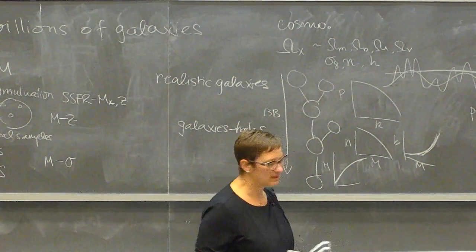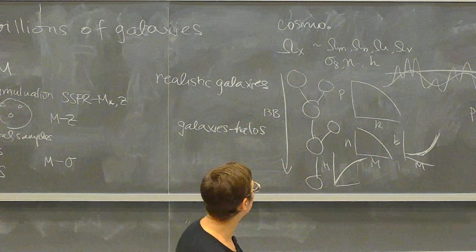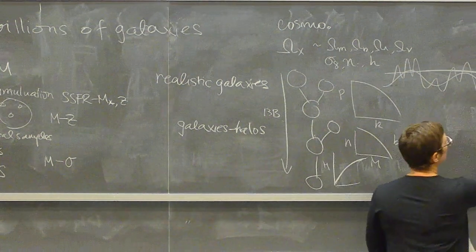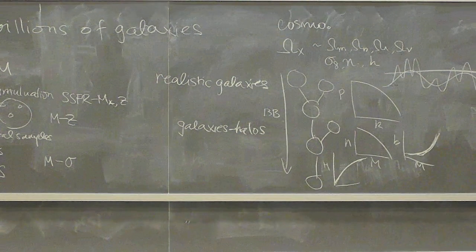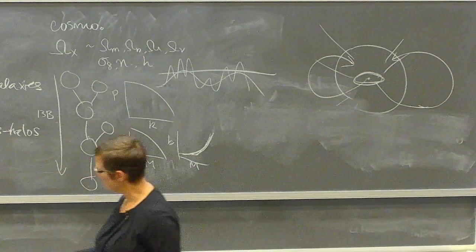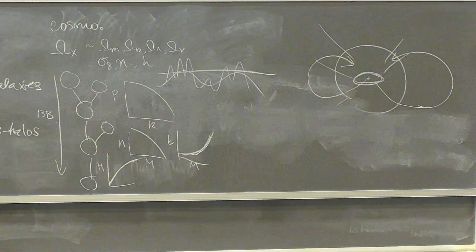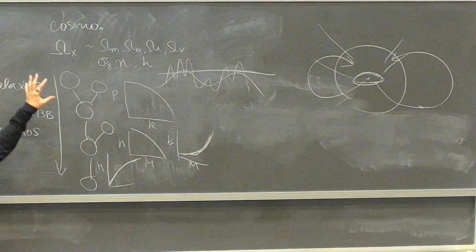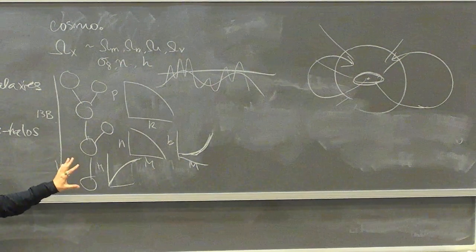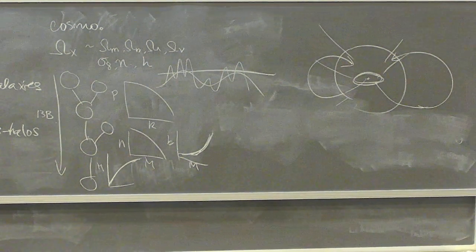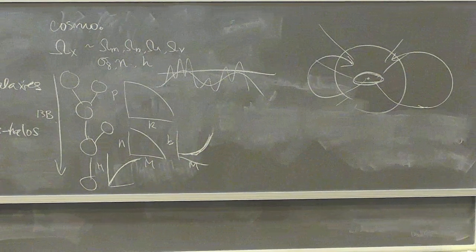And I would claim that it might be useful to break up the things we're trying to learn as the parts of galaxy formation that are fundamentally driven by structure formation. Right? How many halos there are, how they are clustered, how they grow over time.